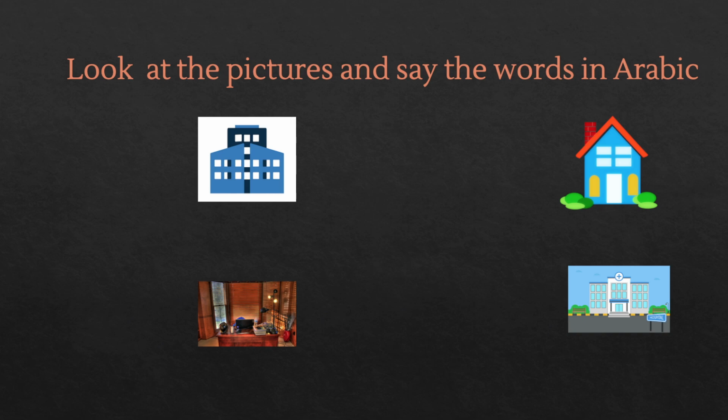For this slide, look at the picture and say the Arabic word before I reveal it. Okay. This is a new exercise using the same vocabulary again. All right. This is a company. How do you say company in Arabic? Sharika. Okay. We see this is an office. How do you say office in Arabic?